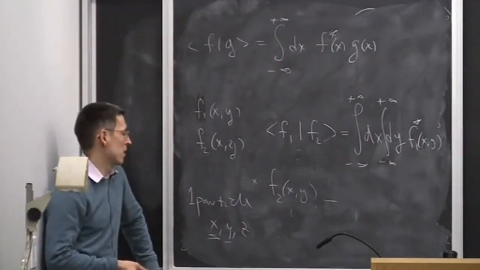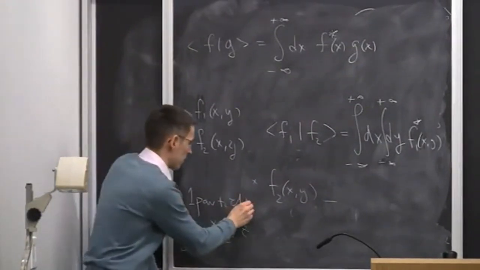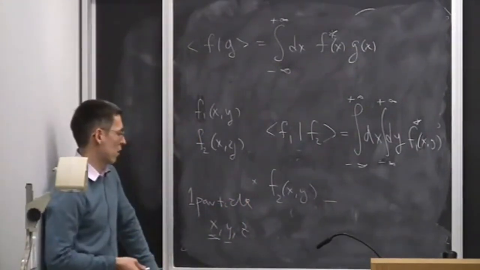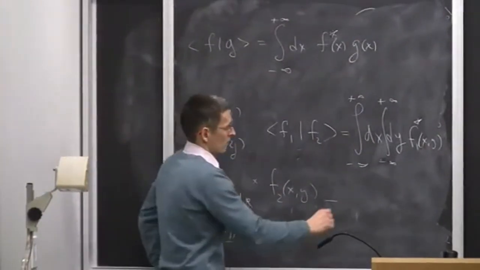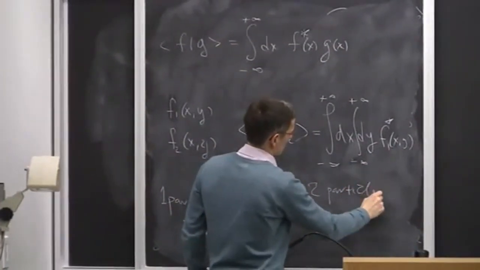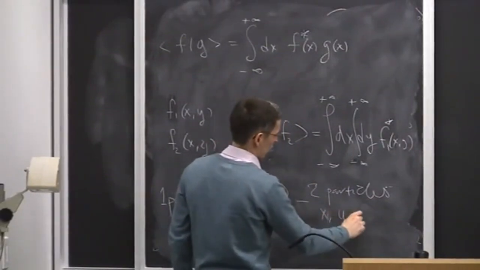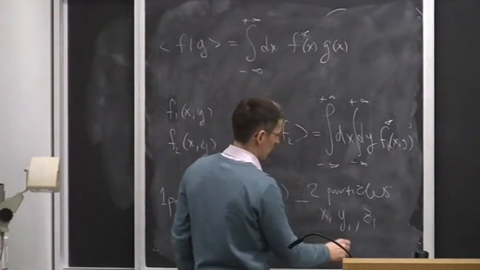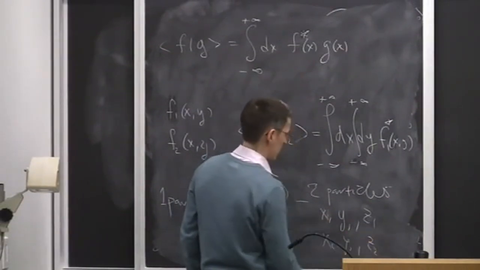But again, the reality is a little bit more complicated, because even for one particle you need 3 coordinates, and for 2 particles, in quantum mechanics we need x, y, z for the first particle, and x2, y2, z2 for the second particle.